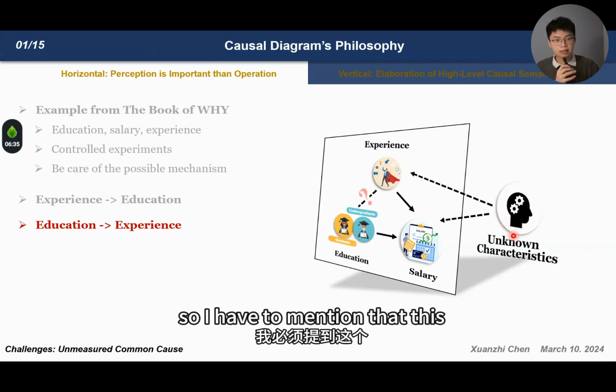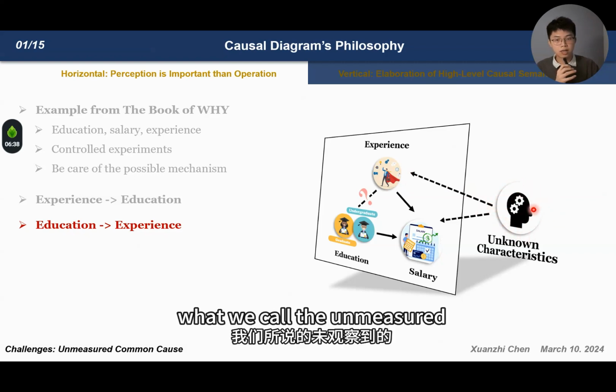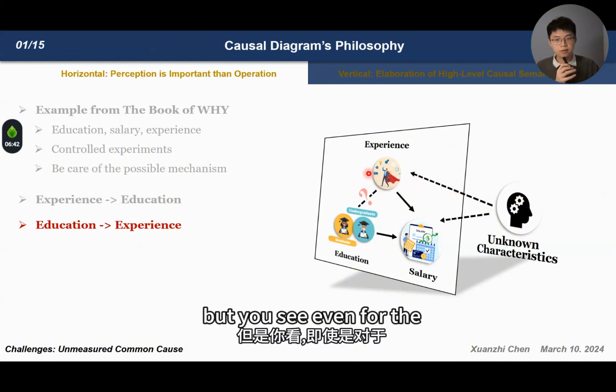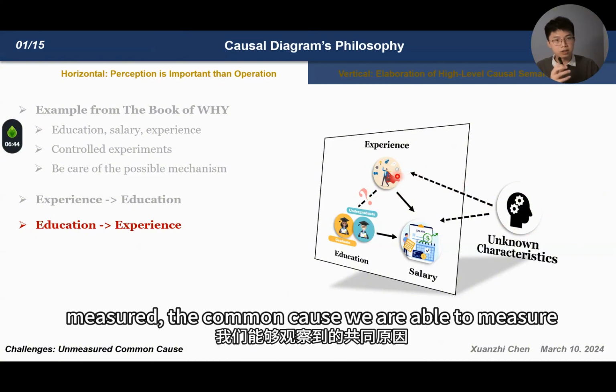I have to mention that this unknown characteristic is what we call the unmeasured common cause or latent confounder.